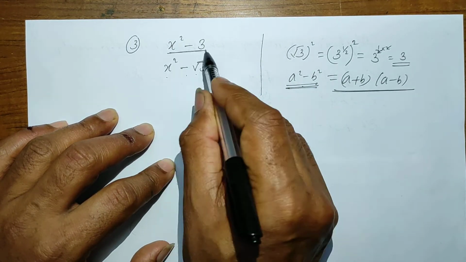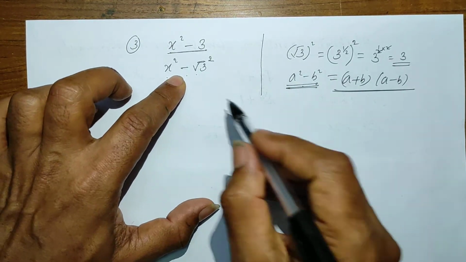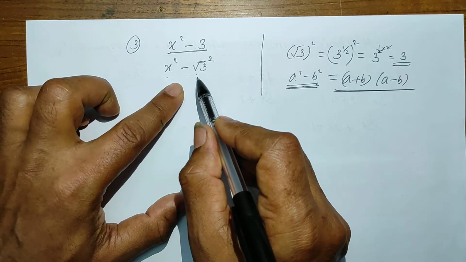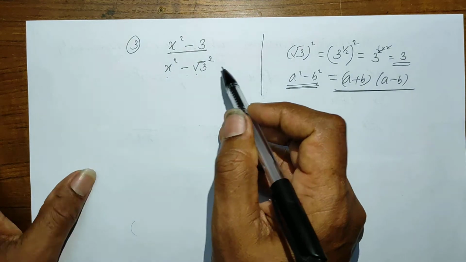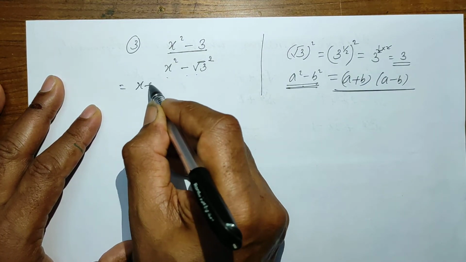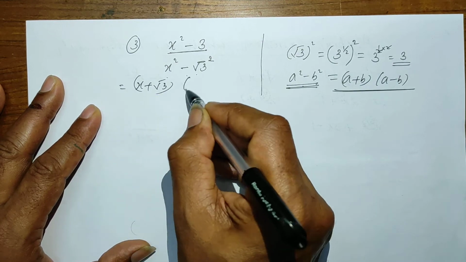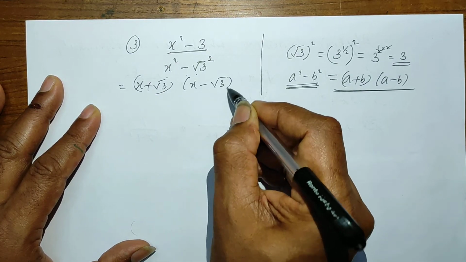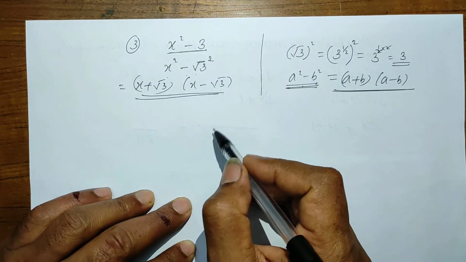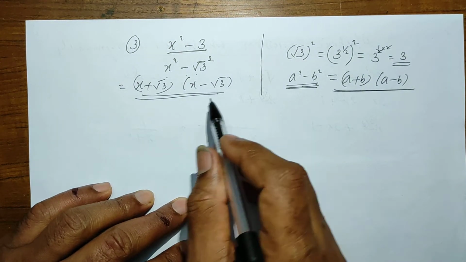Actually, the given polynomial is not in the form of a square minus b square. I wrote it in that form without changing the value. Now, I can write this as x plus root 3 into x minus root 3. So we have factorized the given quadratic polynomial.